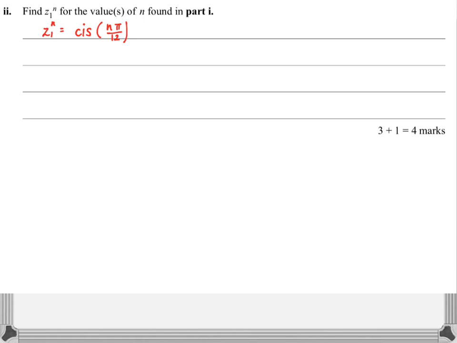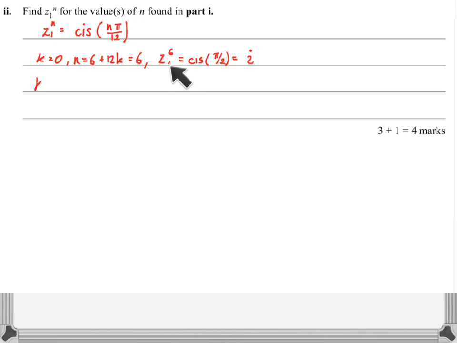Now, find z1 to the power of n for values of n found in the previous part. So we use our rule for n that we worked out. Now we're doing it for the whole complex number, not just the cos part, but cis of n pi on 12. We've got two parts. For k equal to 0, n equals 6 plus 12k gives us n equals 6.